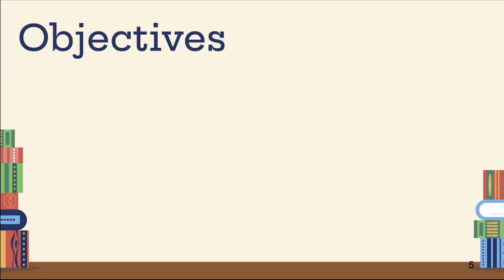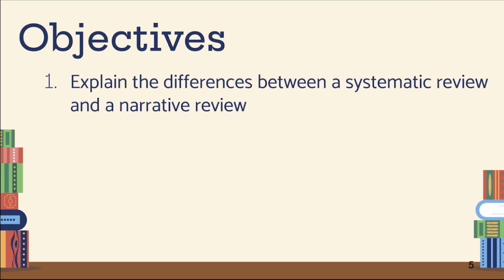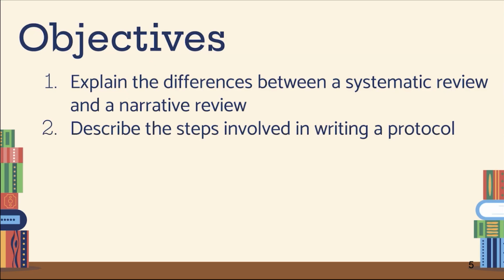Okay, so objectives. Hopefully by the end of the session today you will be able to explain what the differences are between a systematic review and a narrative review. We'll also talk a little bit about scoping reviews. You'll be able to describe the steps involved in writing a protocol. The protocol is the outline of your systematic review project that you do before you actually start work on the systematic review, and often want to publish or register.